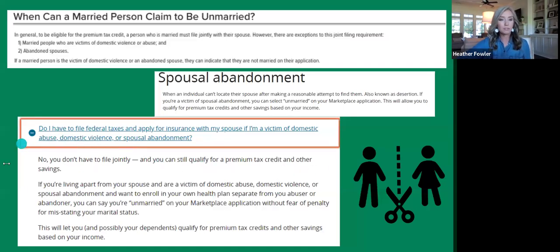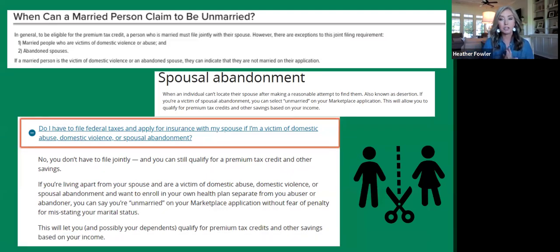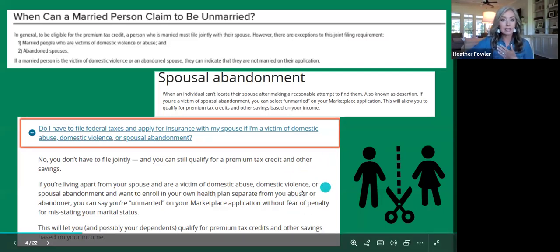If someone's feeling uncomfortable about that, because you do have to attest that everything you're putting on the application is true, you can find, on healthcare.gov, that you're not going to be penalized in any way. Here it says you can say you're unmarried on your marketplace application without fear or penalty for misstating your marital status.